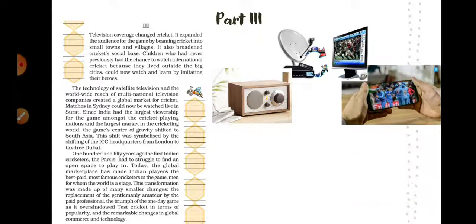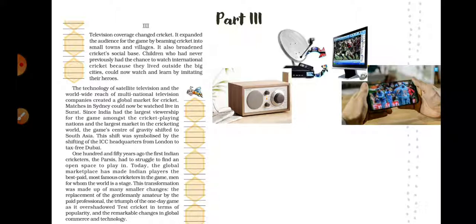Nowadays, with the newest technologies like the internet and smartphones, it has literally put cricket in our pocket. So we can follow cricket wherever we are. And just because of that, South Asia became the center of cricket.